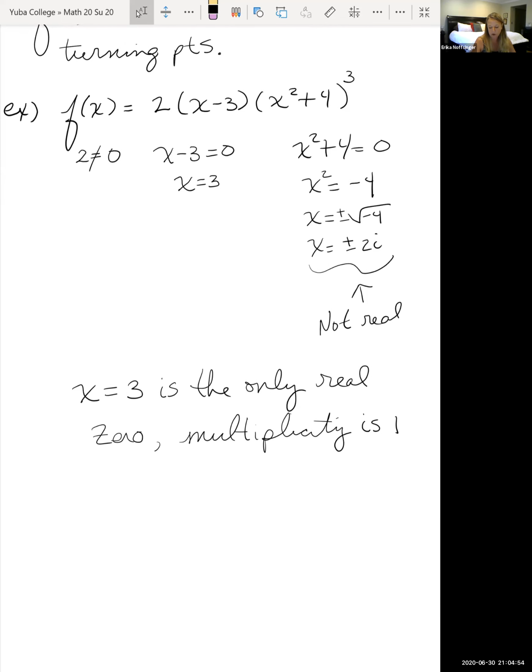If we were to graph this at x equals 3, is it going to touch it or cross it? So odd multiplicity, it crosses the x-axis.